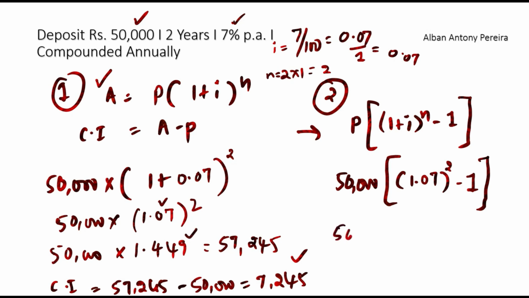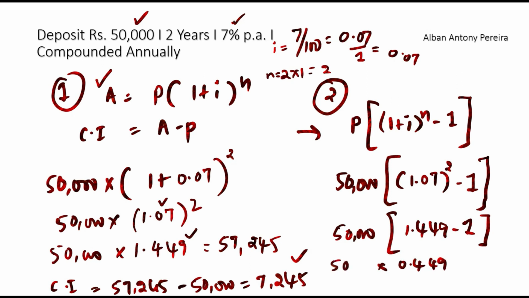So 50,000 into 1.1449 minus 1, bracket close. 1.1449 minus 1 is 0.1449, multiplied with 50,000.